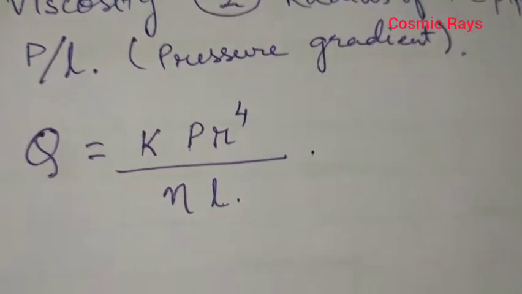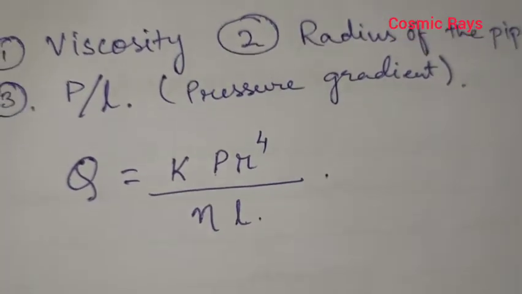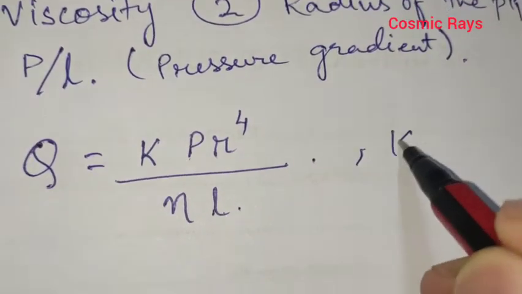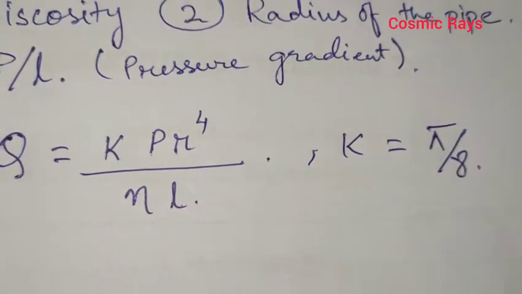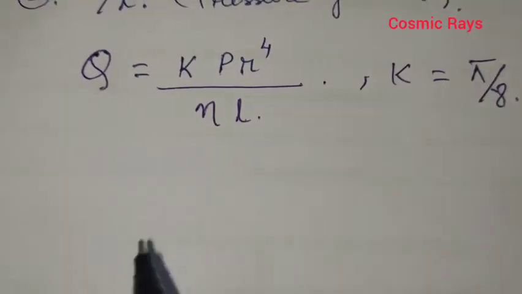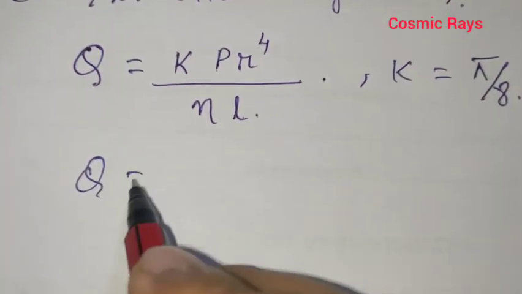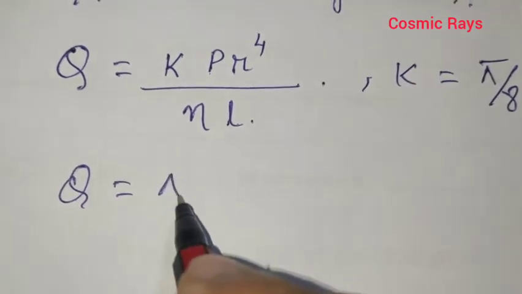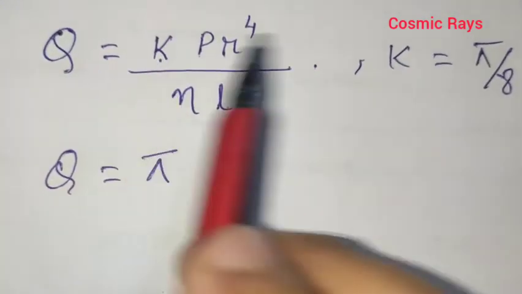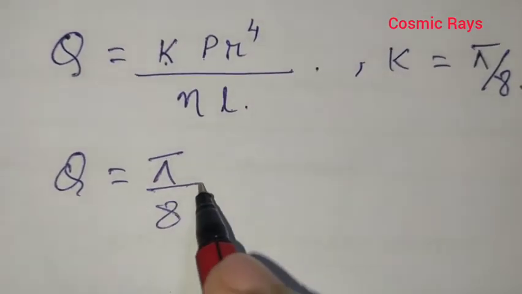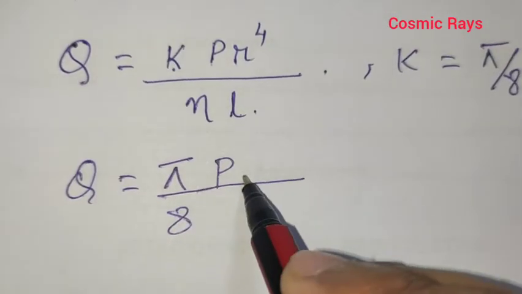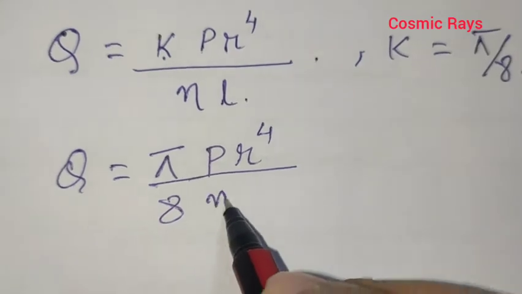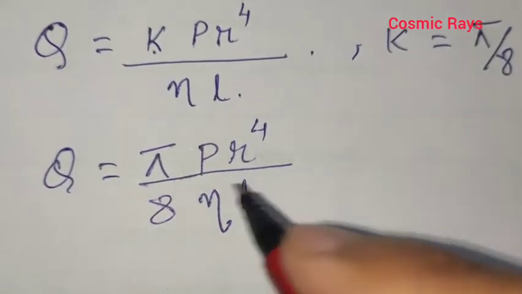By experiments, we find that the constant of proportionality K has the value pi by 8. So this equation can be rewritten as Q is equal to pi P r to the power 4 upon 8 eta L.